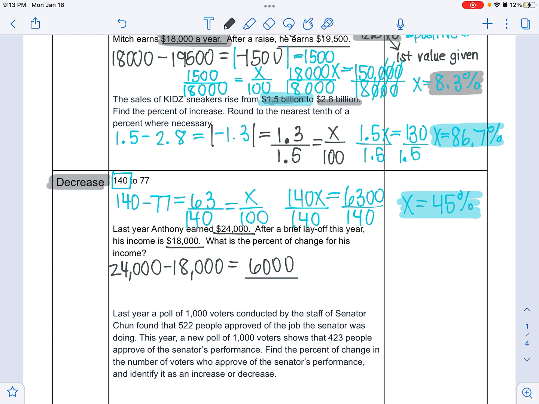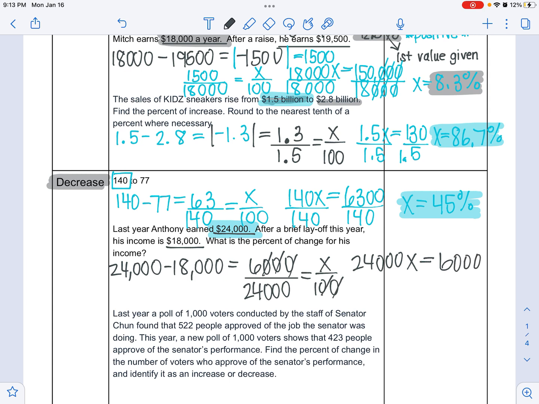We take that $6,000. Remember, we're looking for the original amount he made. So that was 24,000. And then on the right side, x over 100. So we get 24,000x. Be careful with your zeros. And then this has 1, 2, 3, 4, 5 zeros.